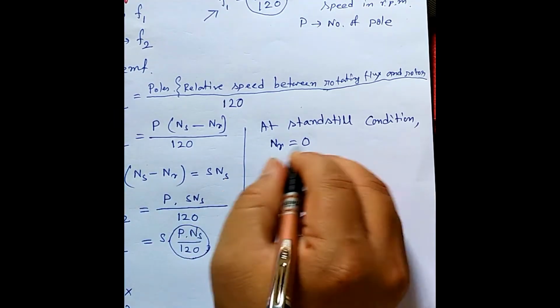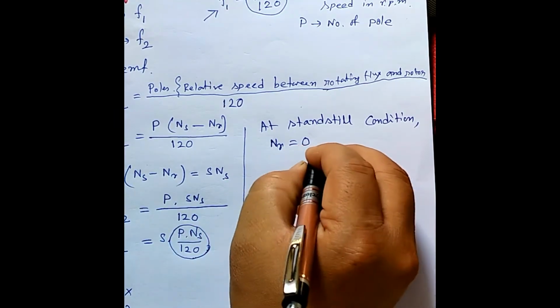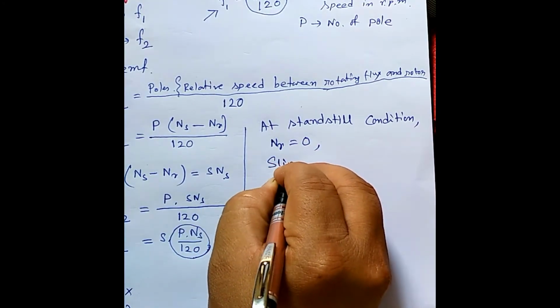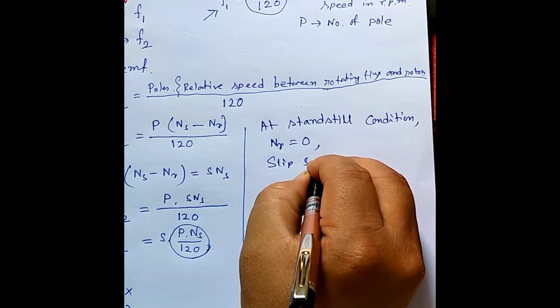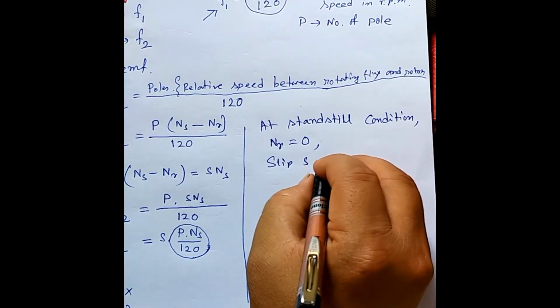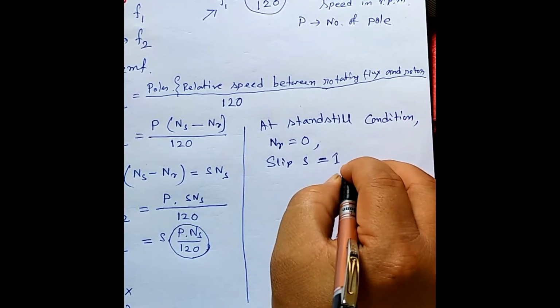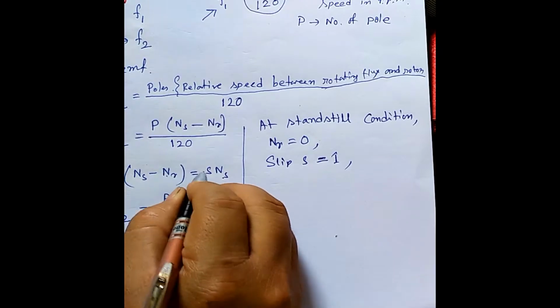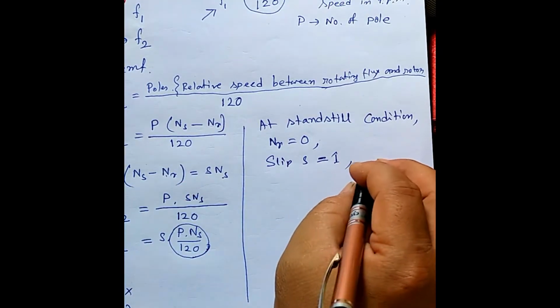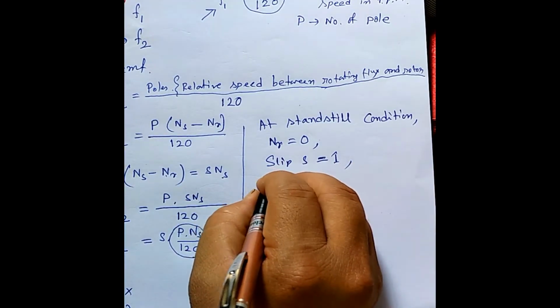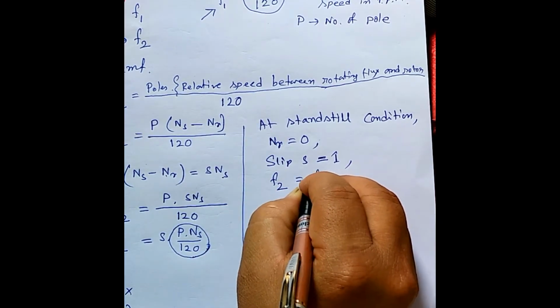If Nr equals 0, then slip S equals 1, and if slip equals 1, then F2 equals F1.